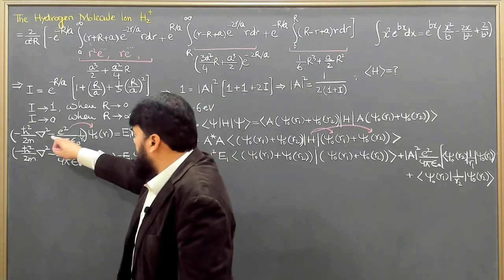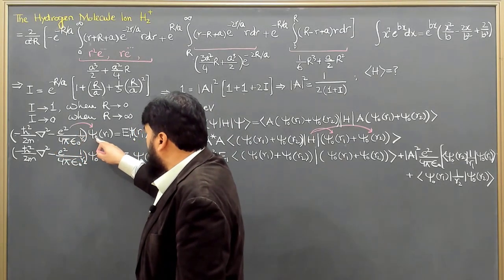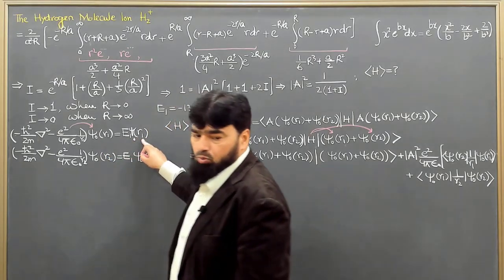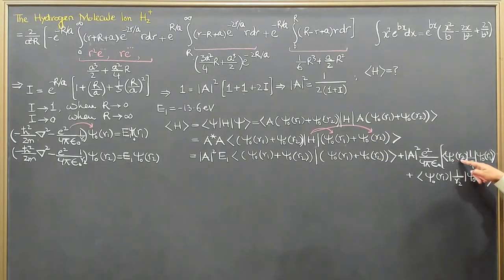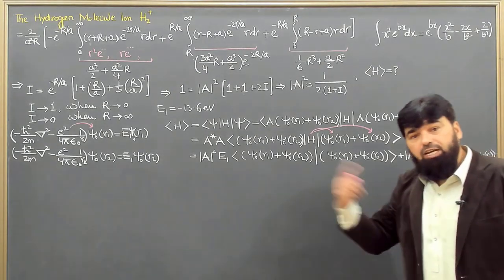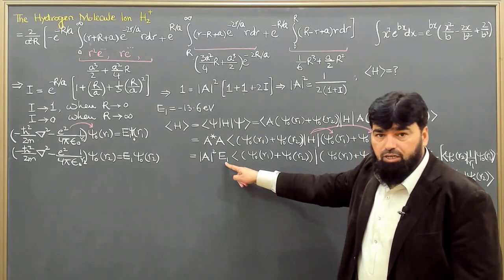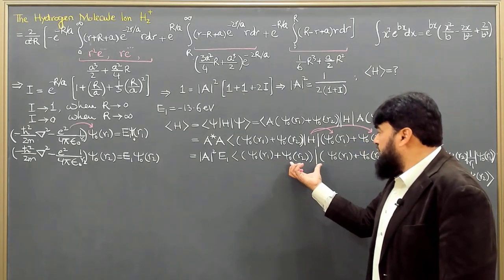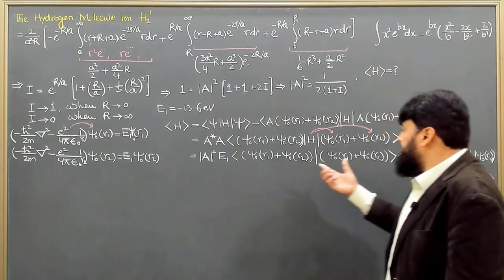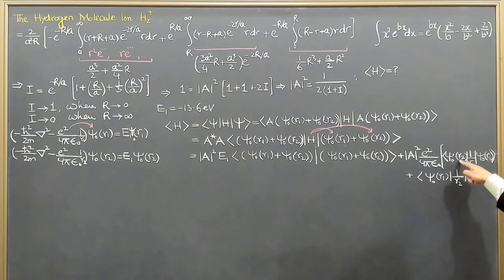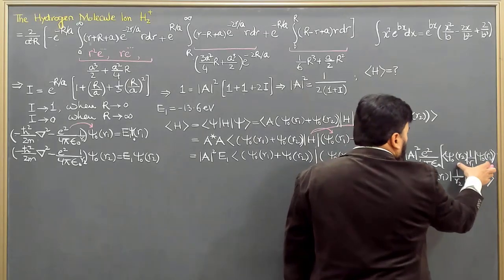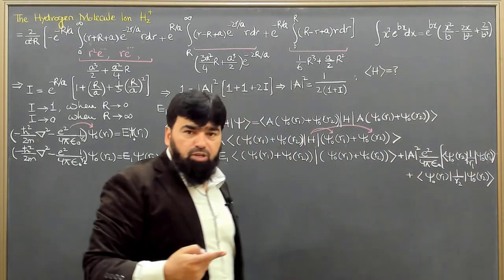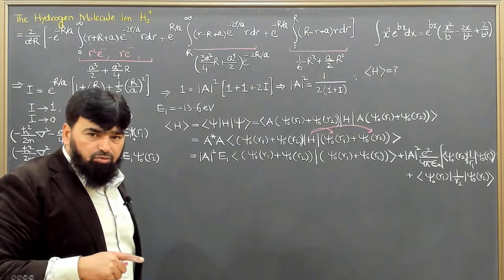Now when 1 over R1 with psi naught R1 and psi naught R1 is applied here, like when here is psi naught R1 and here is R1 and here is psi naught R1, it will give us that E1, and E1 I have written here common, so that's why I included the term inside here. When here will be R2 and here is R2 and here is R2 as well, then this will again contribute here to the E1. So I have written them down here first, simplified.